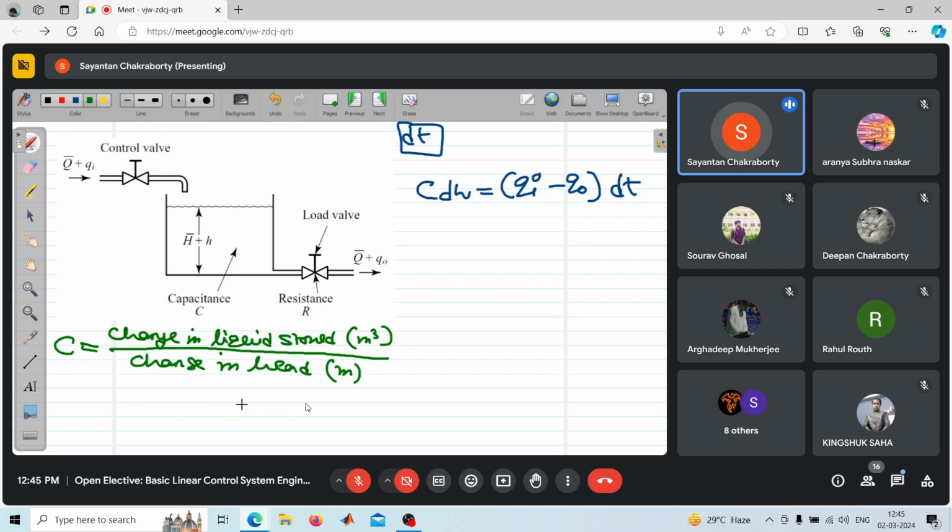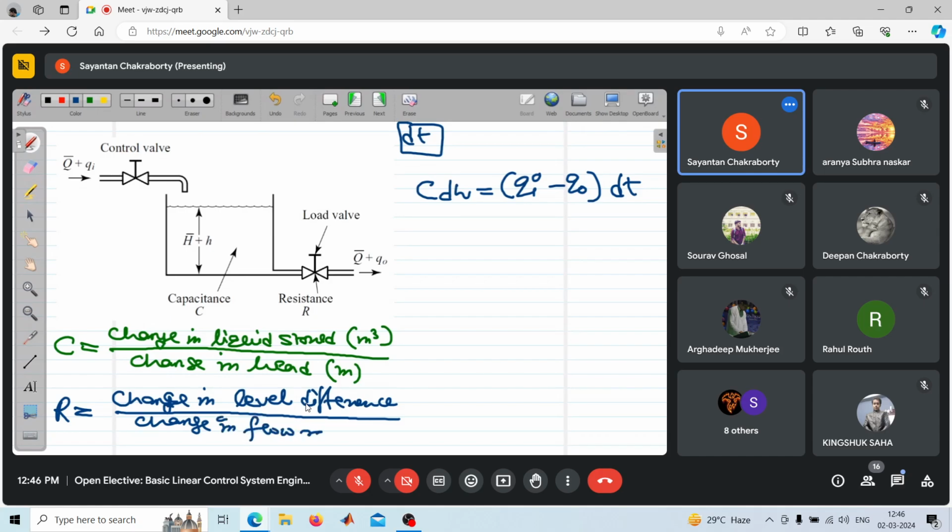Now, from the definition of resistance, how is resistance defined? Change in level difference divided by change in flow rate, that is meter per meter cube per second.